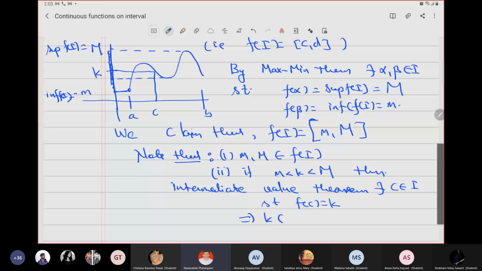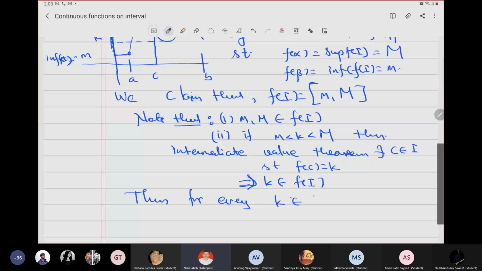Do you understand? Yes, sir. It means that for every k belonging to [m, M], k is in the range. So can I say that [m, M] is contained in the range f of I?